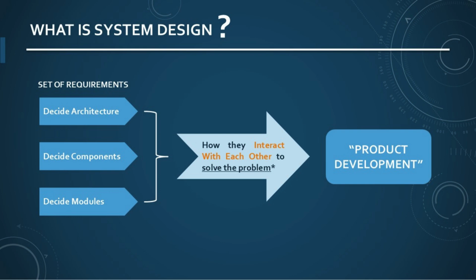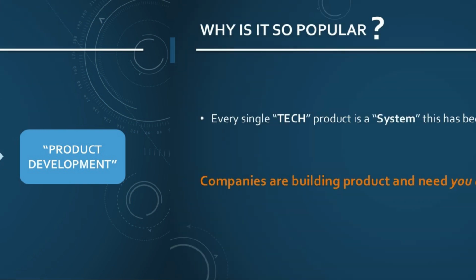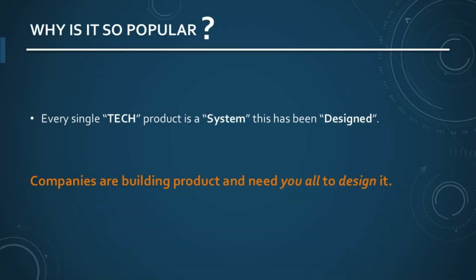So this is typically how product development happens in an organization. You join any company, this is what your product development life cycle actually looks like. You decide on architecture, you decide on components, you decide on modules, right? Which is why system design is so popular today, because every single tech product is a system that has been designed.